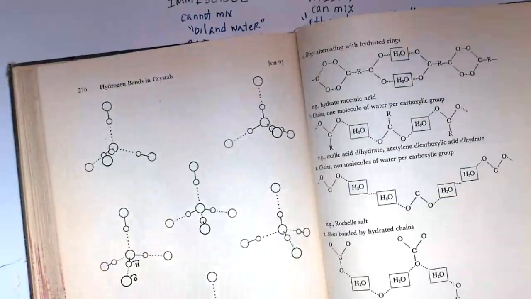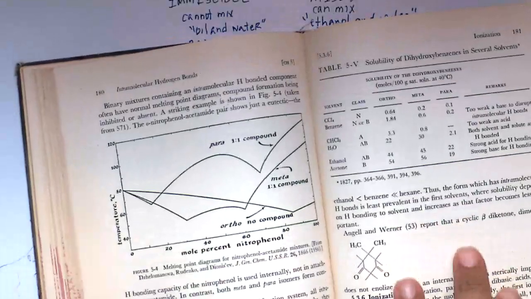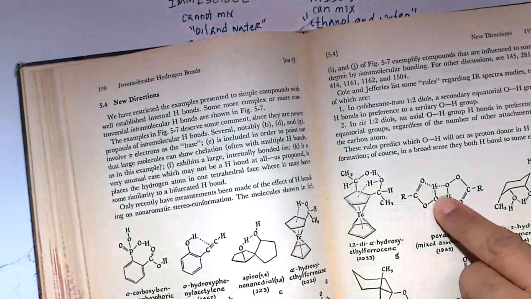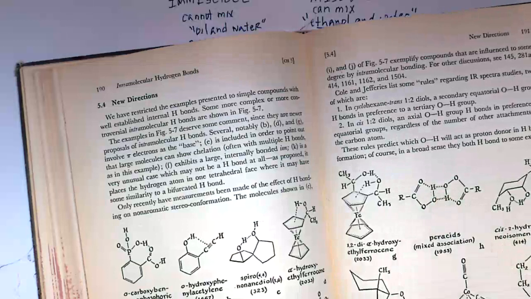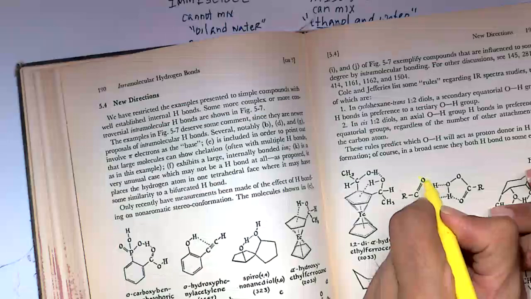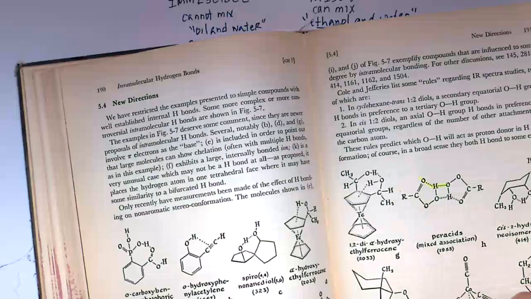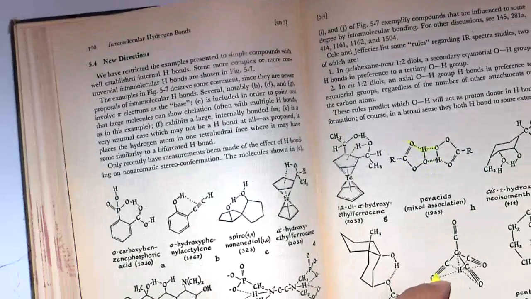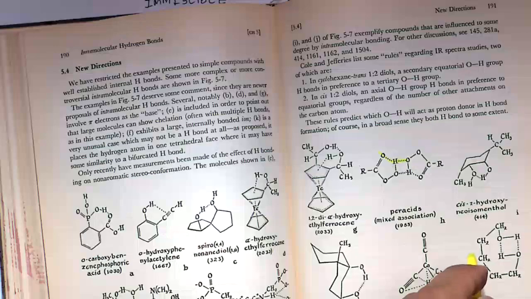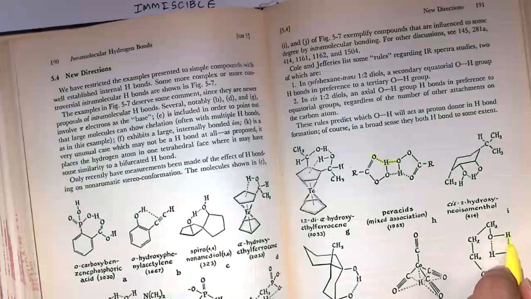Okay, so this is a very, very important intermolecular force. Okay, you can see all the hydrogen bonds here. Oh, this is a nice, hey, look at this. OHO. Okay? OHO. Let's see if I can find another one here.